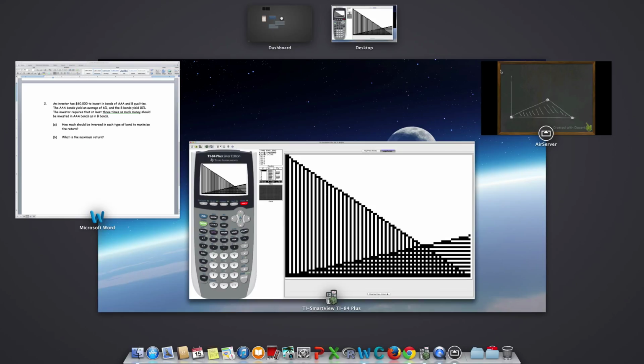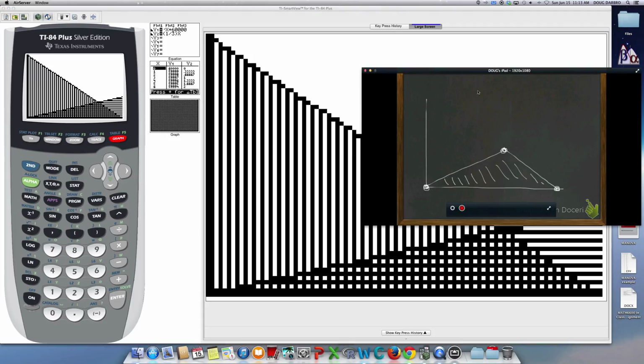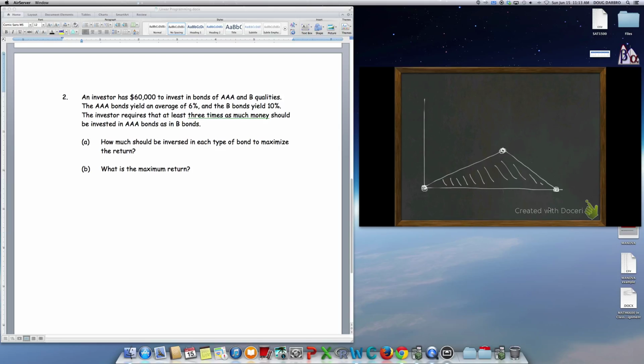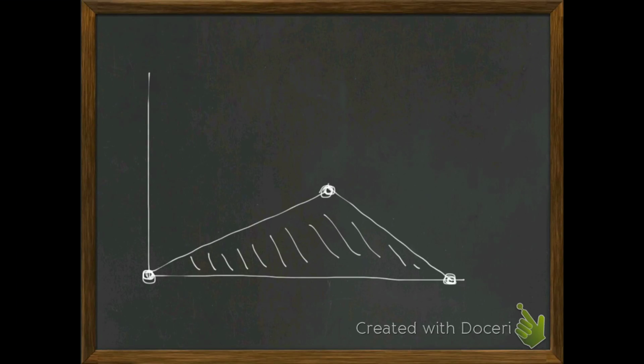Now, what's going to happen here is you're going to see that I want to make this bigger. All right, I need my points. Now, obviously this point is going to be 0, 0. Nothing too crazy about that. And guys, this one has to be 60,000, 0, for obvious reasons.